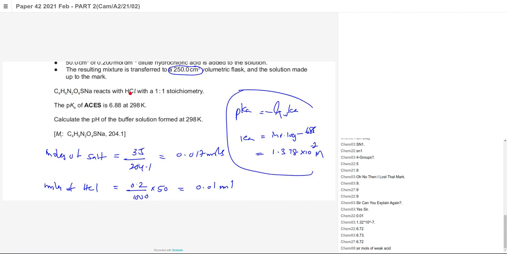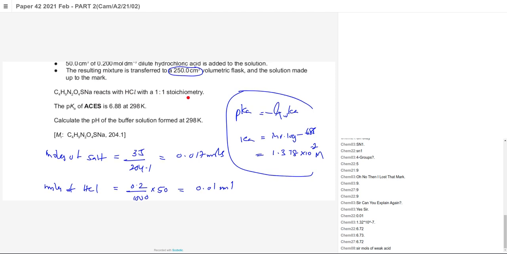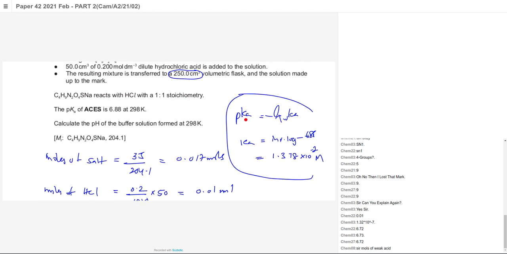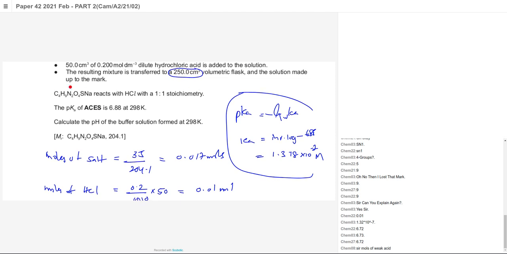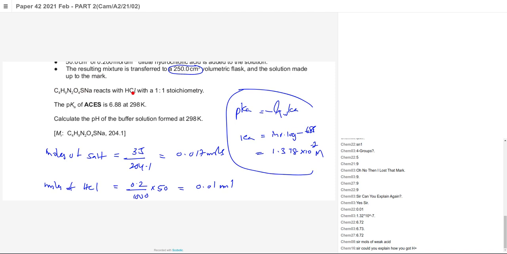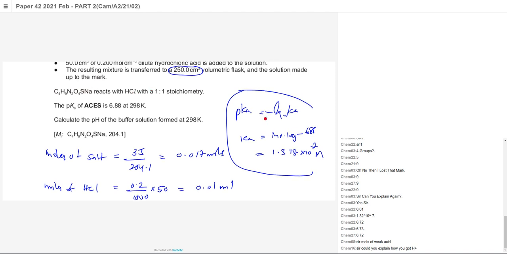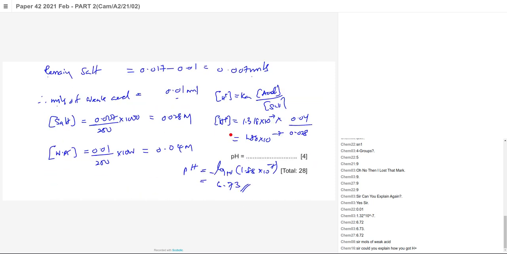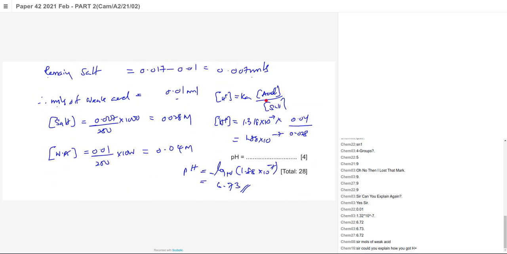When salt reacts with HCl, it will form the weak acid and the sodium chloride. Instead of Na, you get H here, right? And this NaCl. I got H plus ions from this equation. This is the equation which is used to find the pH of the buffer.